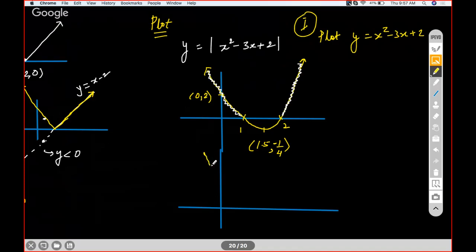So it'll be like this. So now this point will become (1.5, 1 by 4). Understood? Only the part which is below, you just have to reflect it above. What is already above, don't disturb.